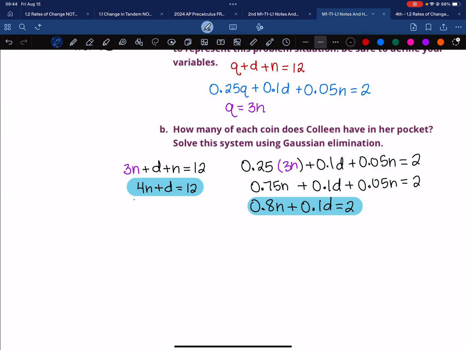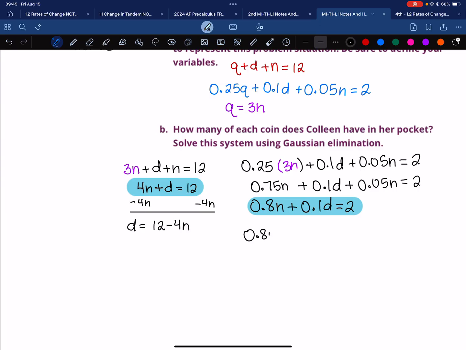I want to solve for d. That means I need to move the 4n over. And so that gives us d is equal to 12 minus 4n. And so now I can take that and plug it in the equation next to it.